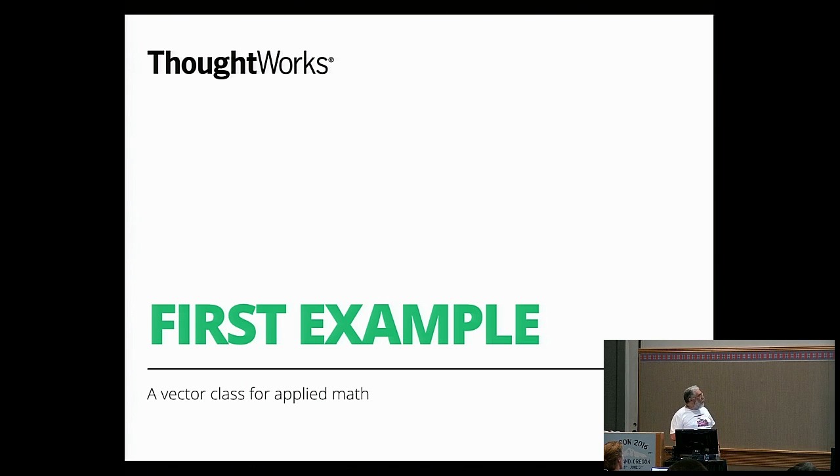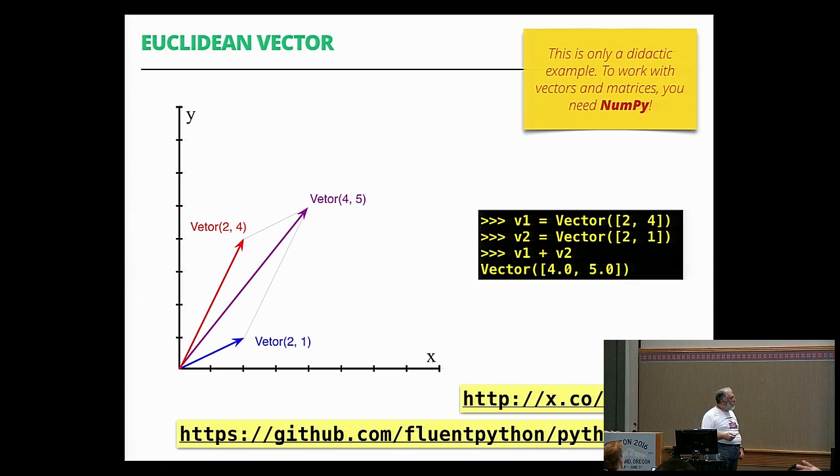So let's do a first example, which, with an extension, becomes our first exercise. We're going to do a class to represent Euclidean vectors, like those we learned in math in high school.